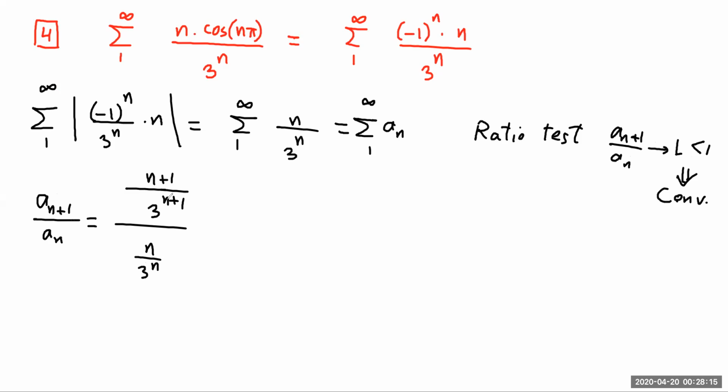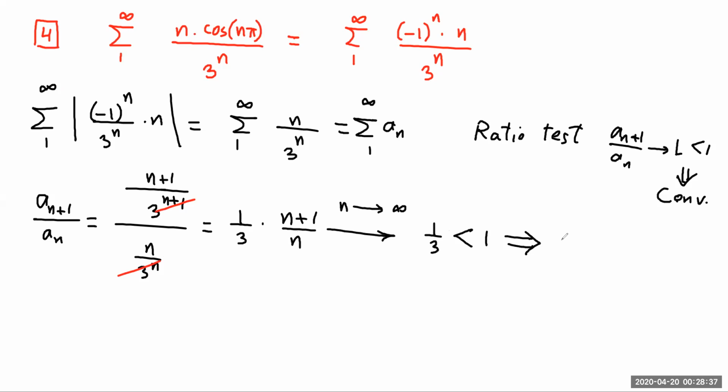Then I will cancel 3^n with 3^(n+1). After canceling, I will have 1 over 3 times (n+1) over n. The limit of (n+1) over n is 1, times 1 over 3. So the final answer is 1 over 3, which is less than 1.